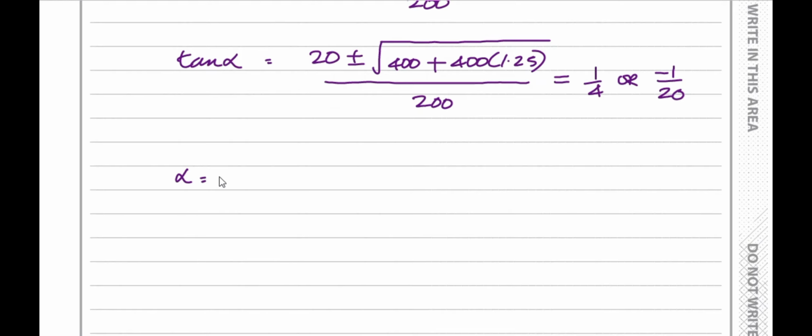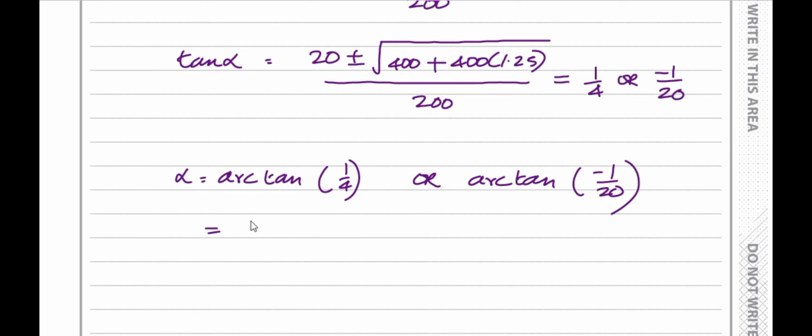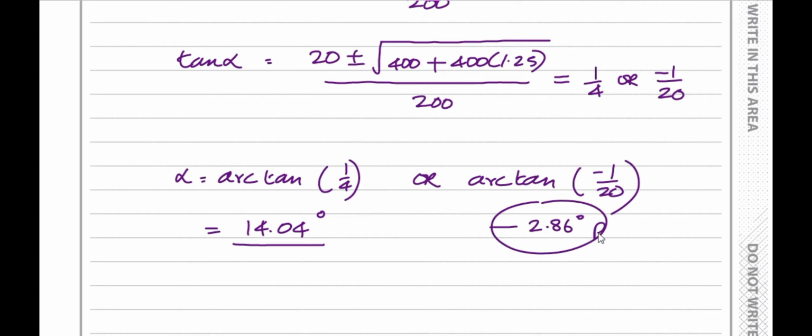Therefore, alpha is equal to arc tan 1/4 or arc tan minus 1 over 20. Putting this into the calculator, we get 14.04 degrees or minus 2.86 degrees, which is rejected. Therefore, alpha is equal to 14.04.